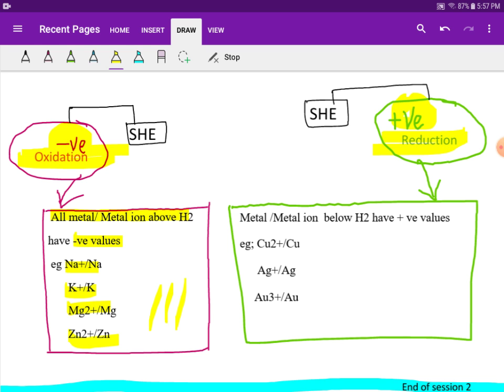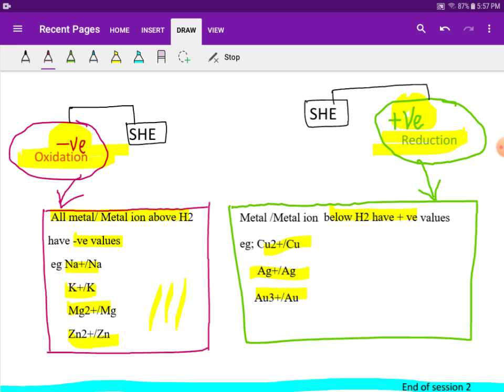All the metal ions that lie below hydrogen, which are less electropositive than hydrogen, have a positive reduction potential. Examples are copper 2 plus | copper, Ag plus | Ag, Au 3 plus | Au, etc.